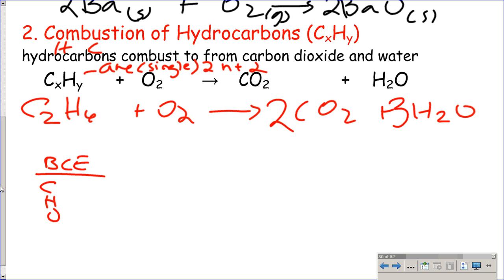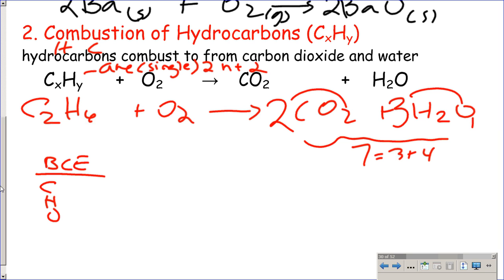How many oxygens over here? 7. 3 times 1 is 3. 2 times 2 is 4. So 3 plus 4 is 7. Okay, how are you going to get 7 out of 2 over here? What times 2 is 7? Well, you do the boost time on multiple, right?